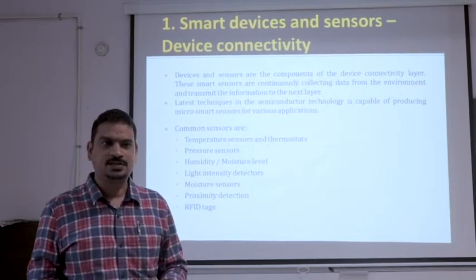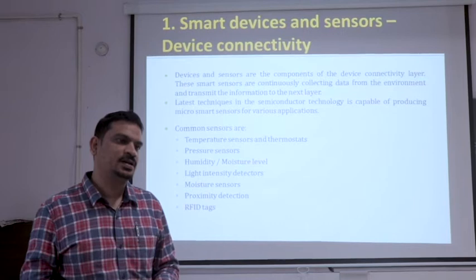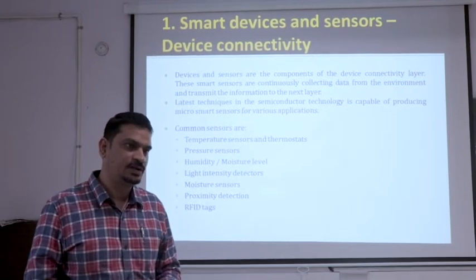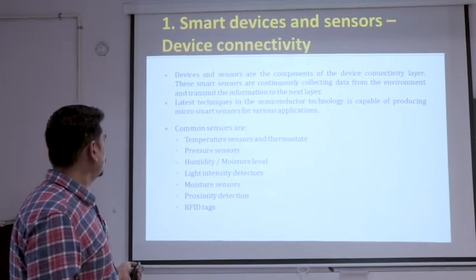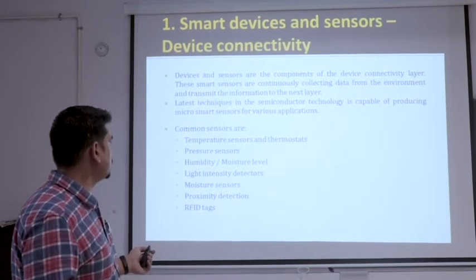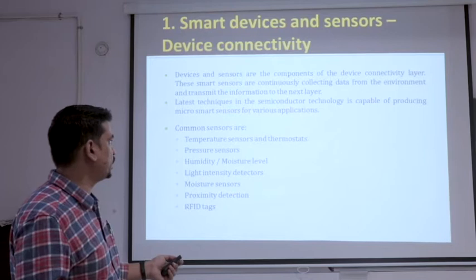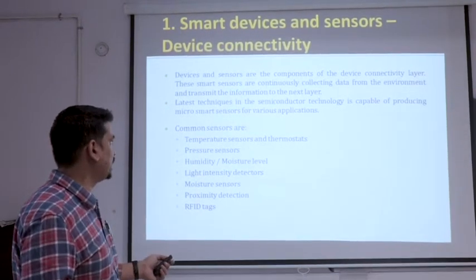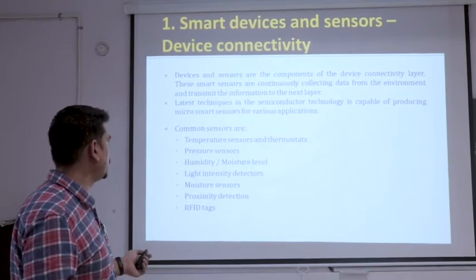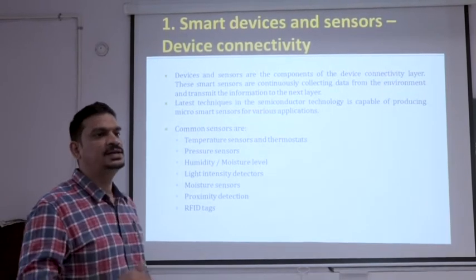So all these things should be there in an IoT device. The device or sensors are the component of the device connectivity layer. These smart sensors are continuously collecting data from the environment and transmit the information to the next layer.